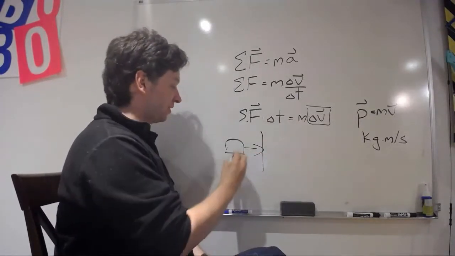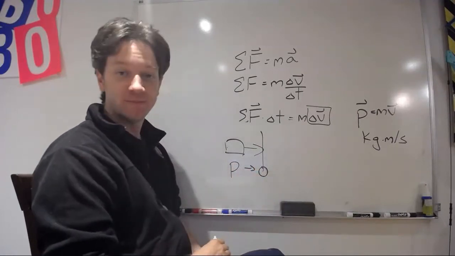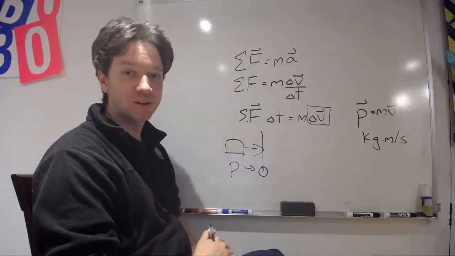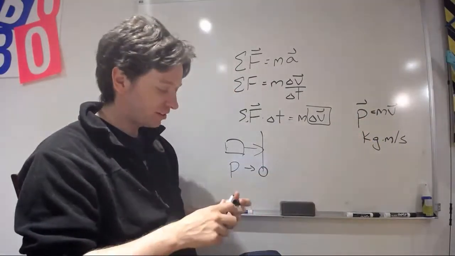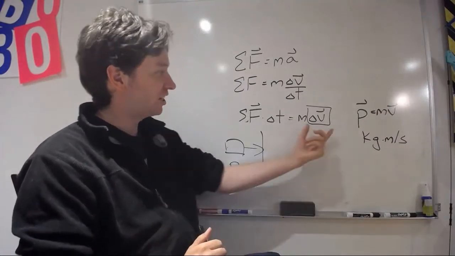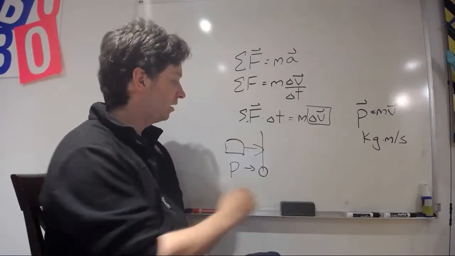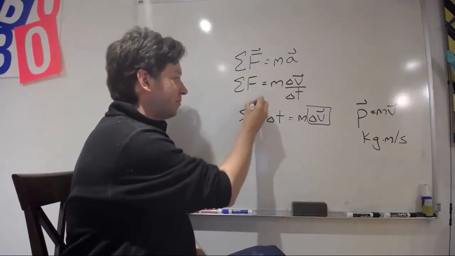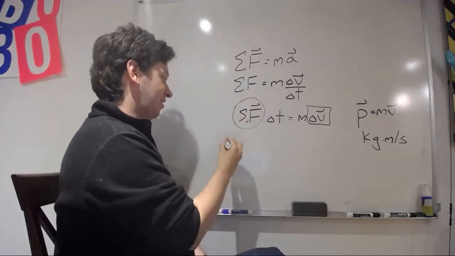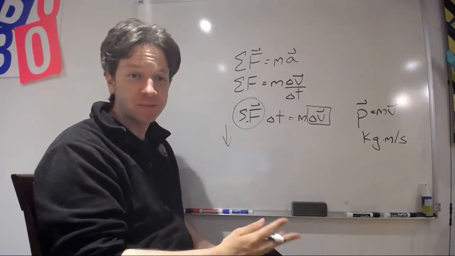Your momentum is going to go from whatever it is here, p, to 0. Right? Once your velocity comes to a complete stop, well, your mass times 0 is 0. So your momentum goes to 0. Therefore, your change in momentum, we can't do anything about. But what we want to do is to make the force as small as possible to protect the occupant.